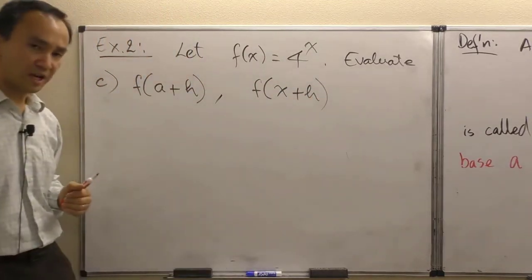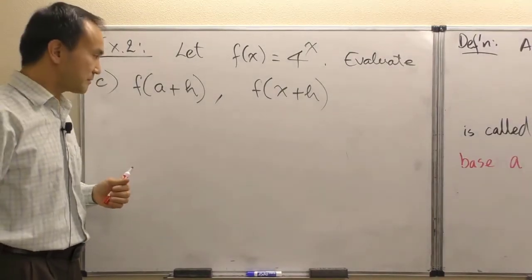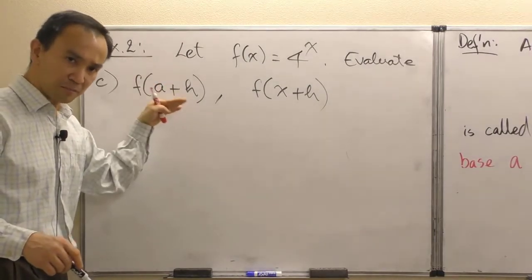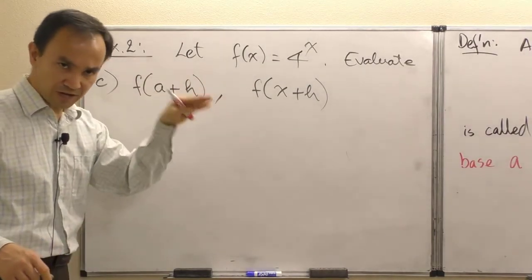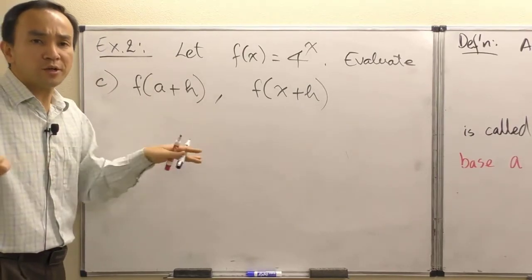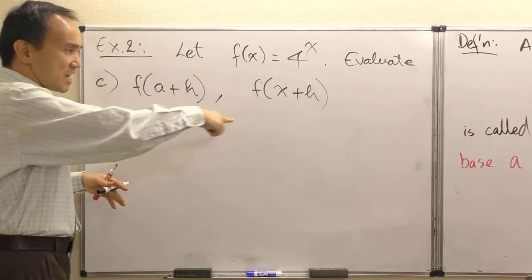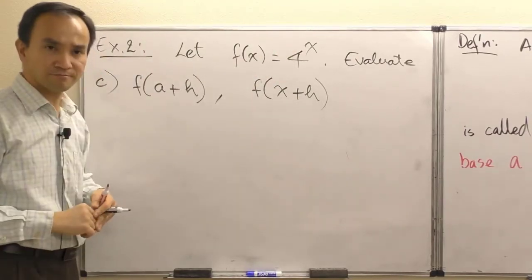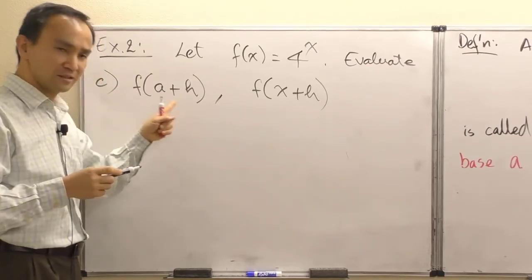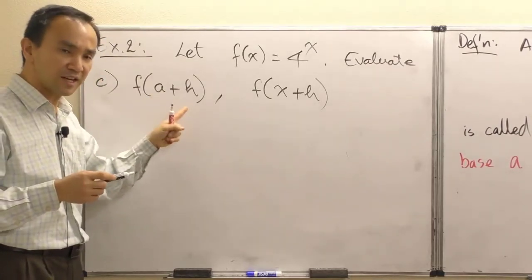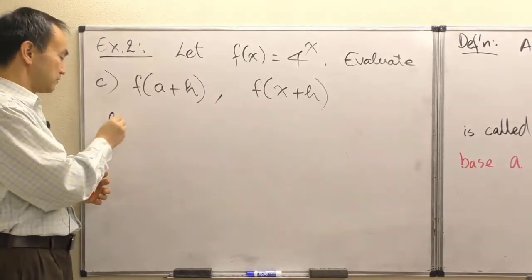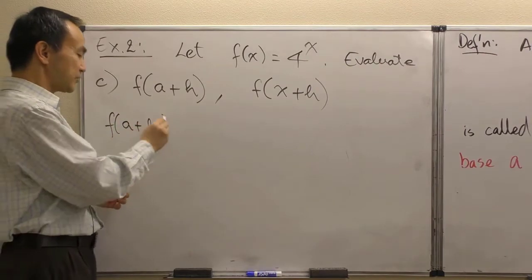So with this one, it's very similar to part B. Whatever we're about to do here is very similar to part B, except there are completely no numerical expressions at all. It's just a plus h, and here is x plus h. There's no more 2, no more 1, no more 3 involved. It's just an expression entirely in terms of letters. So letters, letters, letters.